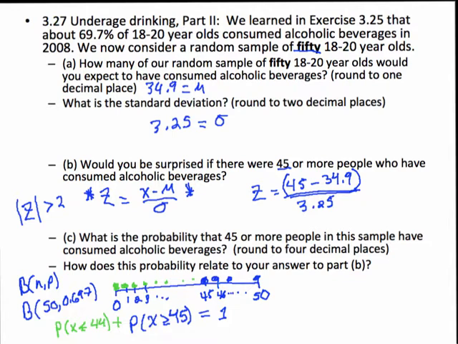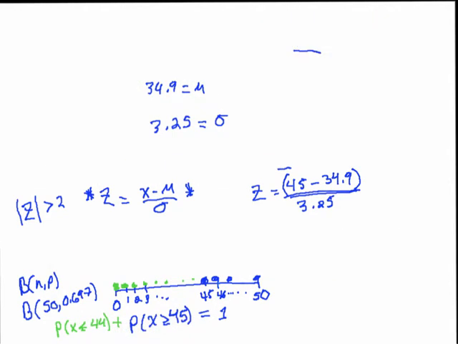Okay, so let's get a fresh page here so that we can work on a fresh page, okay? All right, so we've got the binomial probability of X being less than or equal to 44 plus the binomial probability of X being greater than or equal to 45 adds to 1, okay?